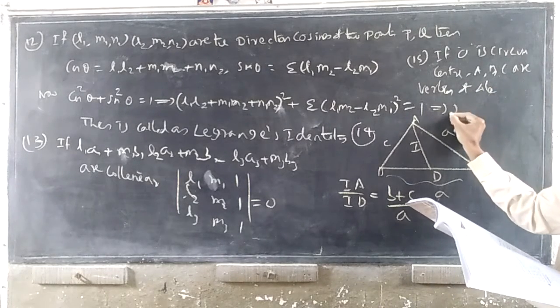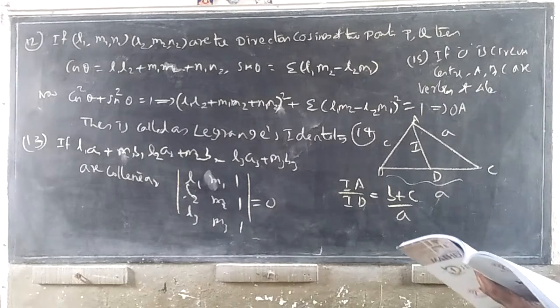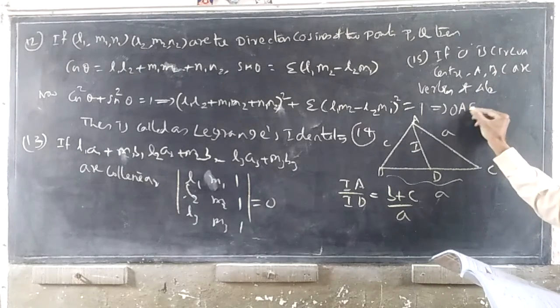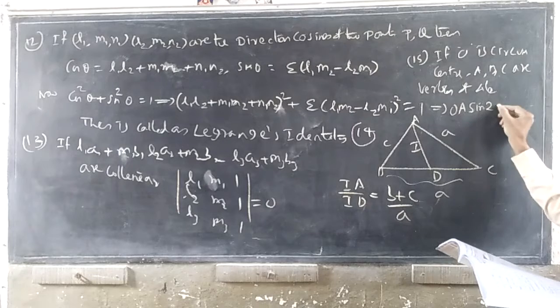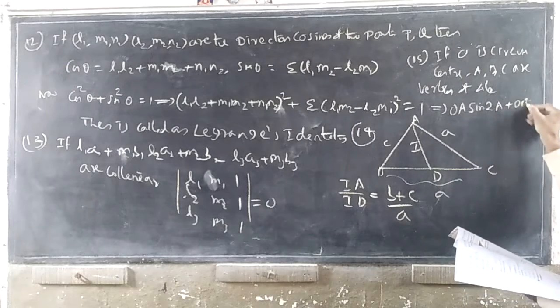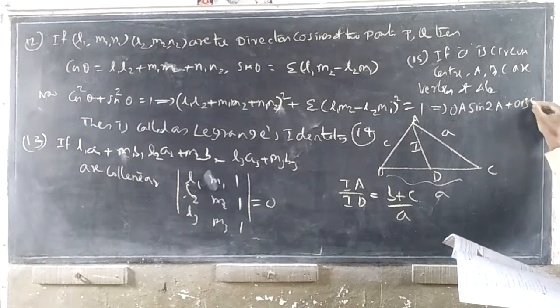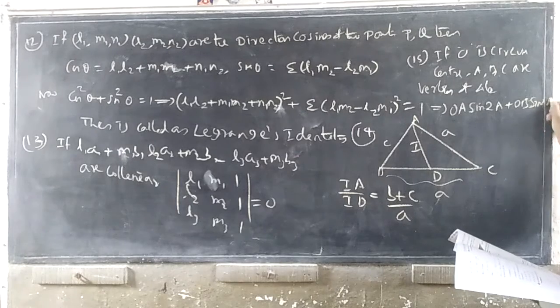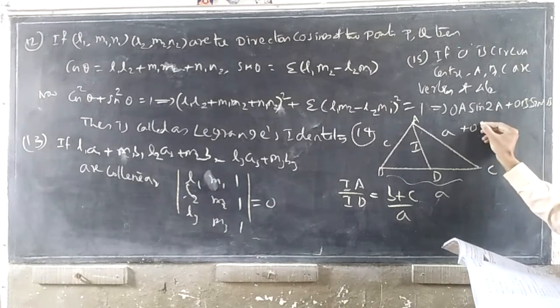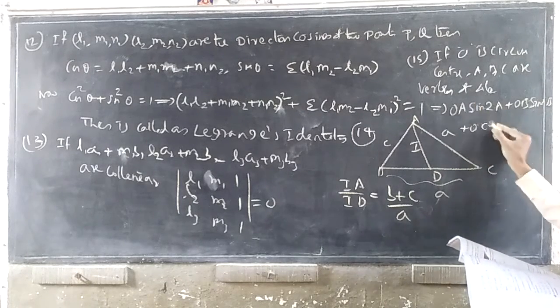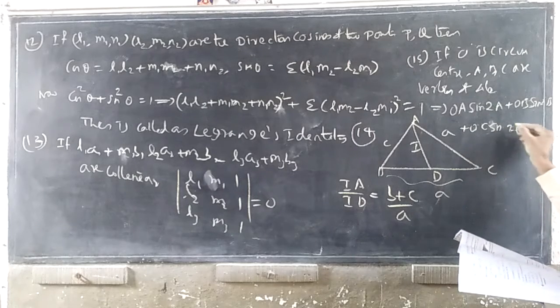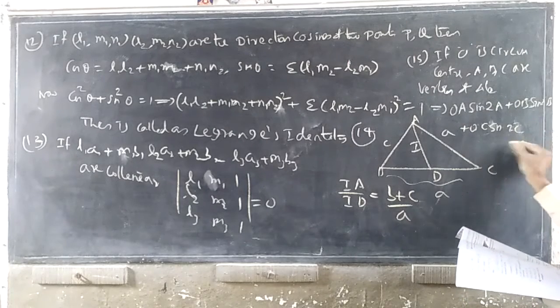That implies the formula: OA sin 2A plus OB sin 2B plus OC sin 2C is a null vector.